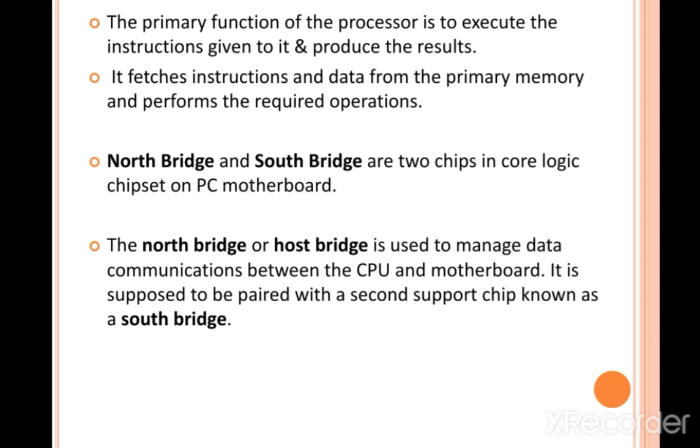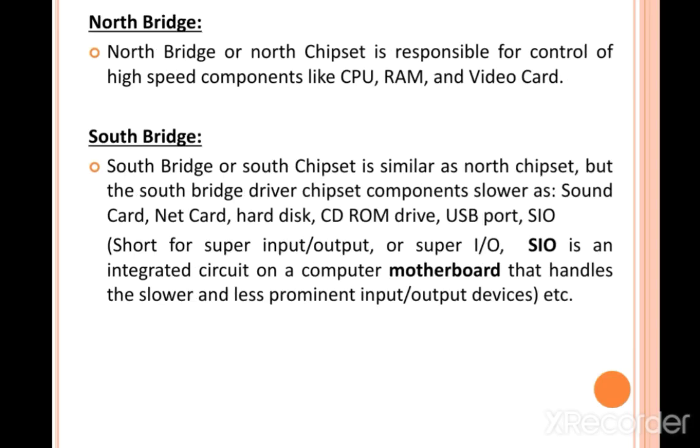And the north bridge, also called the host bridge, is used to manage data communications between the CPU and motherboard. See, north bridge or north chipset is responsible for control of high speed components like CPU, RAM and video card.